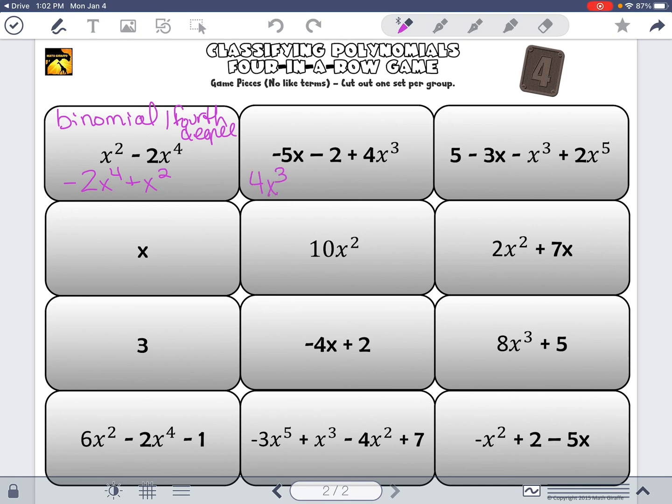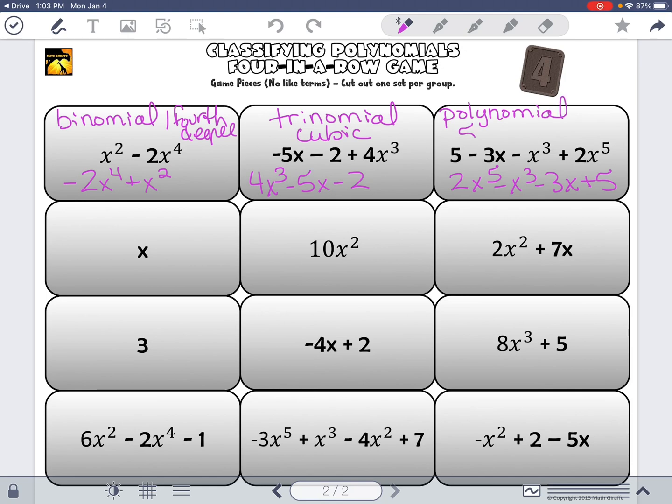The next one is not in standard form. Let's put it in standard form. 3 terms, that's a trinomial. Highest degree is 3, so it's cubic. Next one is a polynomial. It has 4 terms. It is also not written in standard form. But we're going to put it in standard form. 4 terms. It's a polynomial.